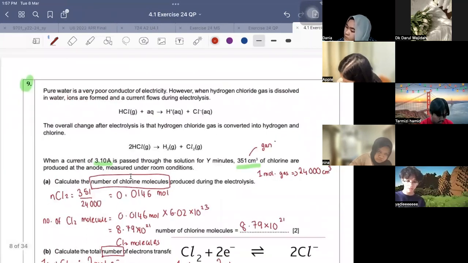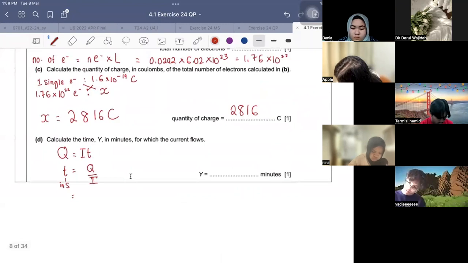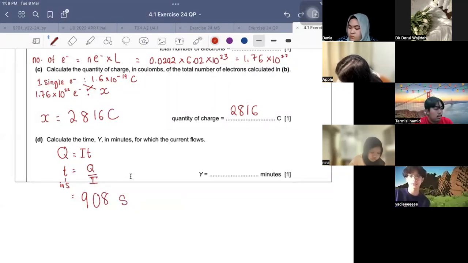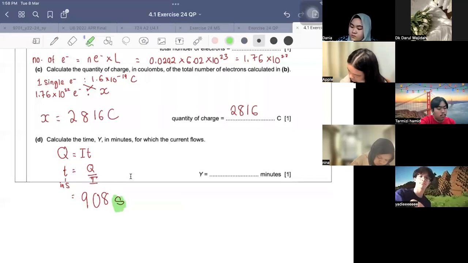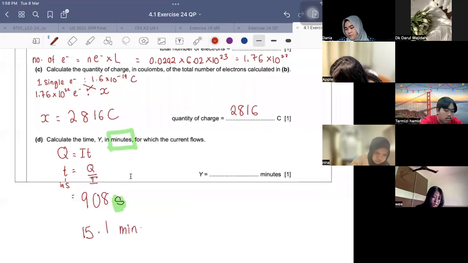What's our current? 3.10 amp. So that is 908 seconds. Whatever your answer here is in seconds, but the question wants minutes, so you have to divide it by 60, and that comes out as 15.1 minutes.